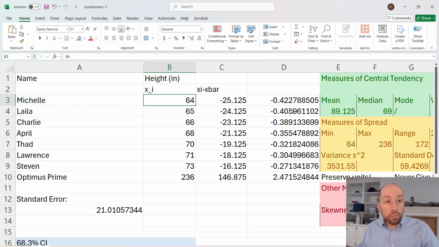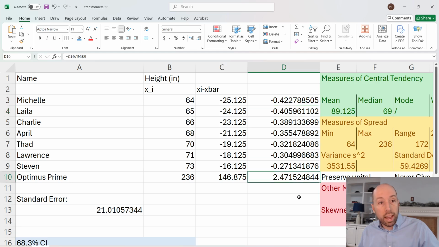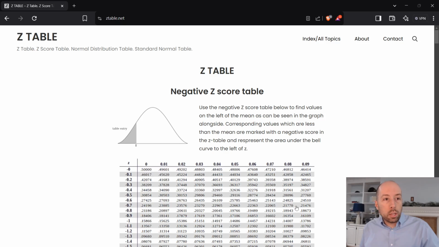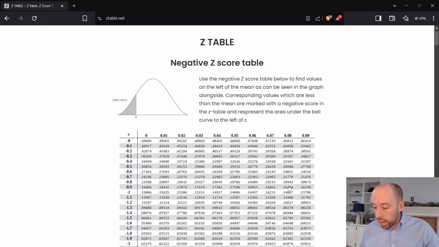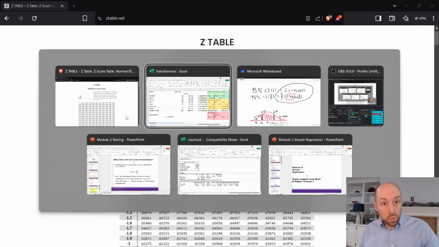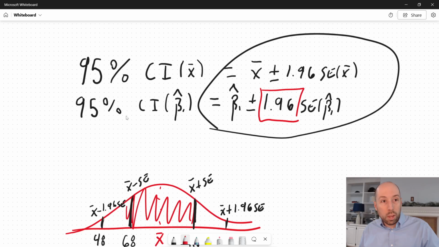Lila's height is 0.405, maybe 406 standard deviations below average, and Optimus Prime's height is about 2.5 standard deviations above average because he's extremely tall. This tells me in a normal distribution exactly how many points should be below any threshold that you could choose. That's what I'm working with here.